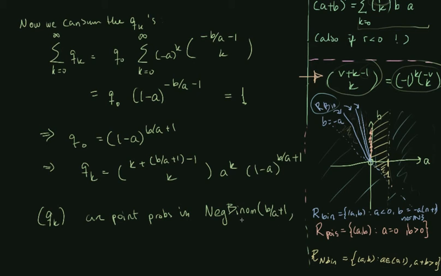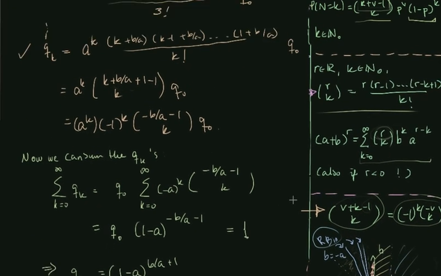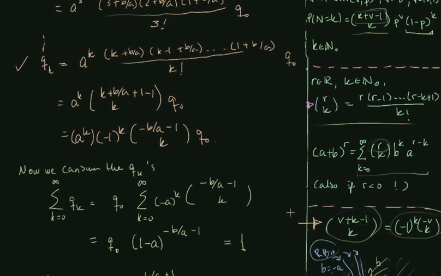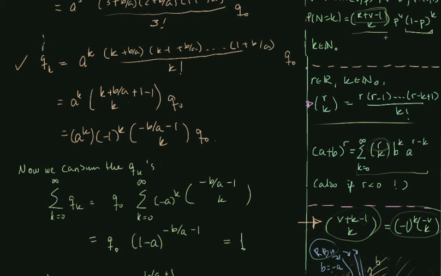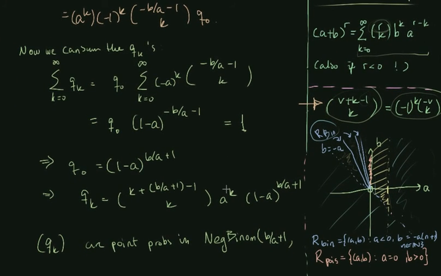And what is our probability parameter? Our probability parameter and our a are kind of switched, because in the negative binomial distribution, your p parameter is the success probability, whereas here 1 - a is the success probability. So our p parameter is 1 - a.